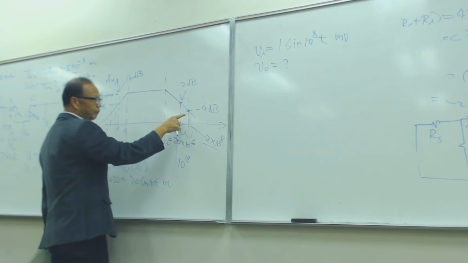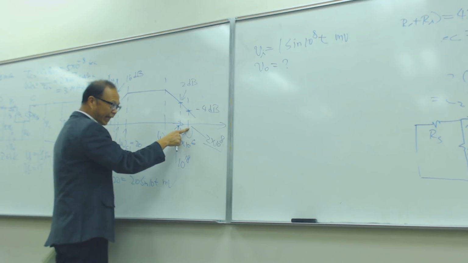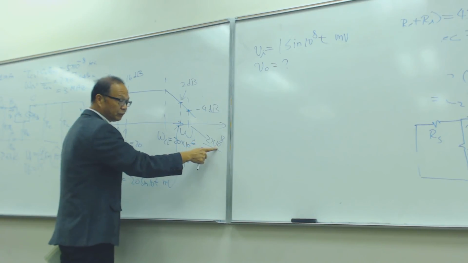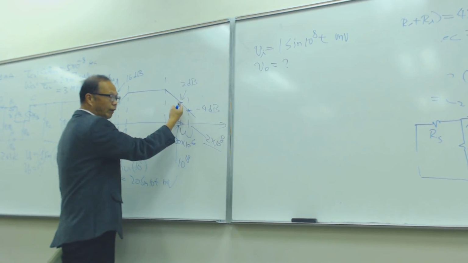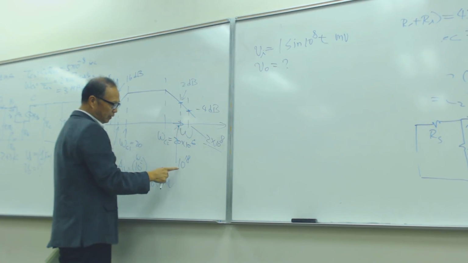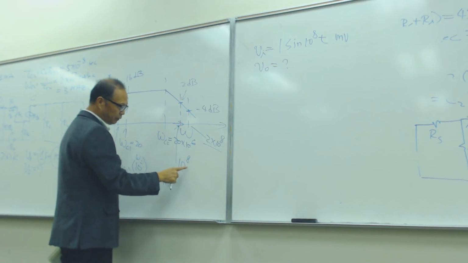So basically you drop 20 dB per decade. That will give you minus 4 dB at 2 times 10 to the 8. And then you go backward using the octave, divided by 2, so it's 10 to the 8.